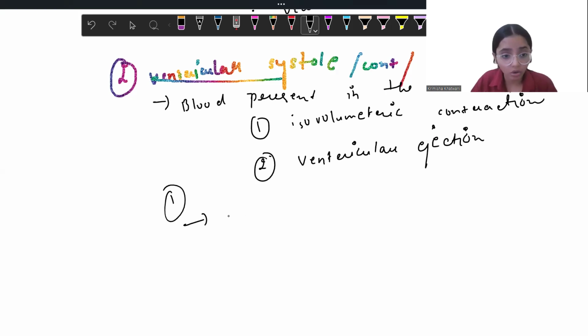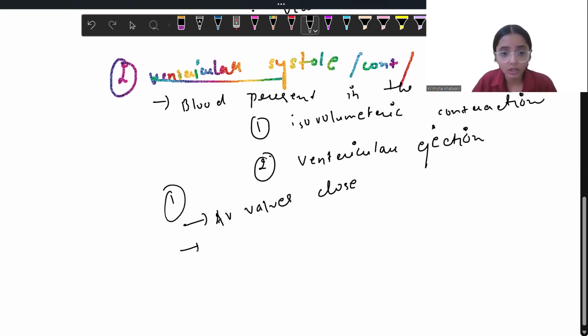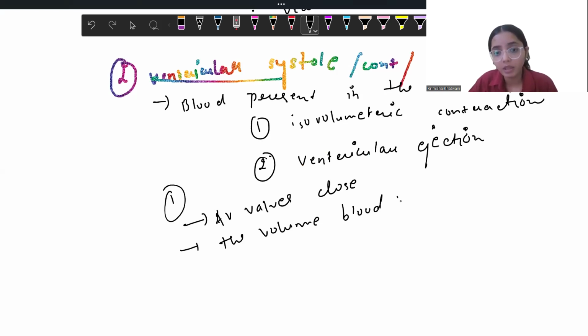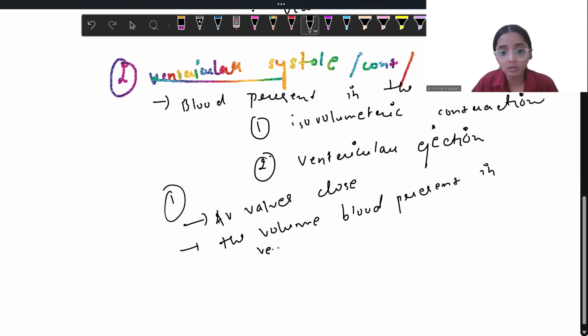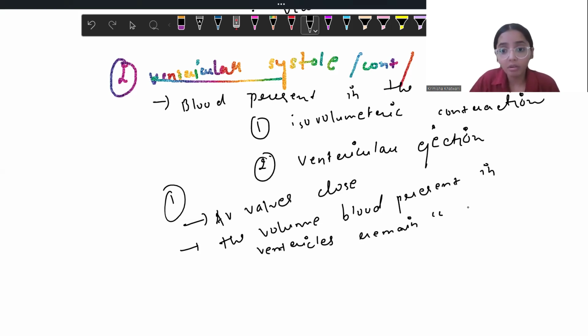So what happens during isovolumetric contraction? During isovolumetric contraction, the atrioventricular valves close. The volume of blood present in the ventricles remains constant because the ventricles have two valves. Let us consider the left ventricle.